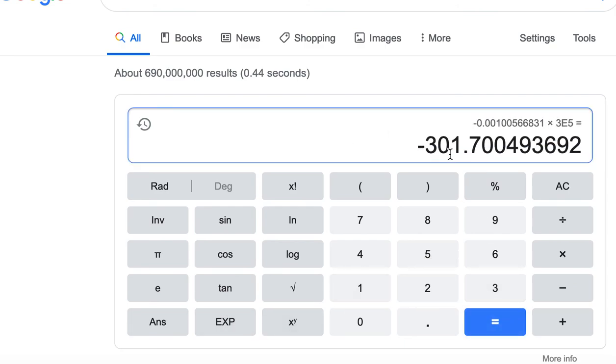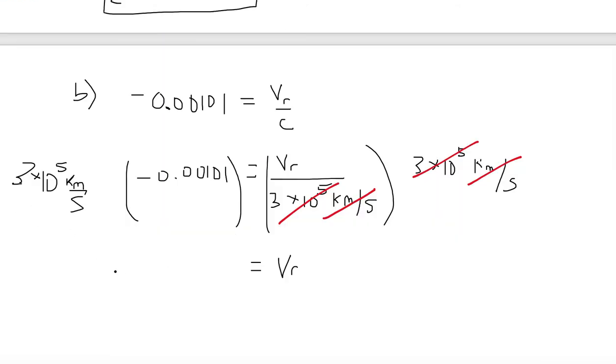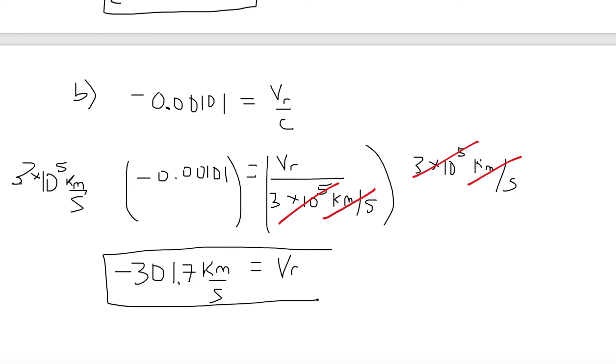And we're going to get minus 301.7. And so let's put that in there, minus 301.7. And we have to keep our same units, kilometers per second.